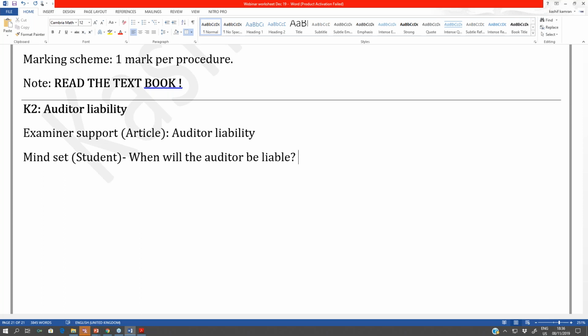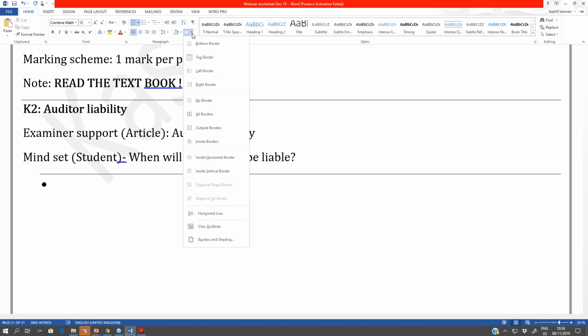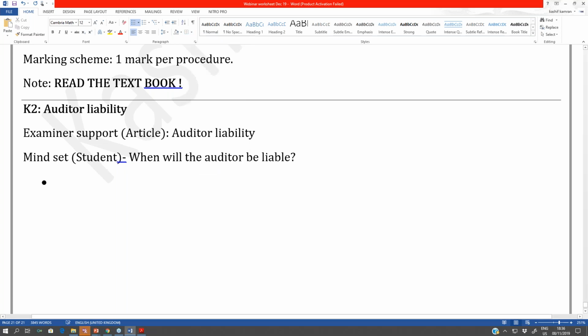And we know definitely the auditor is liable when there is a negligence by the auditor, whether that negligence is unintentional or that negligence is intentional.